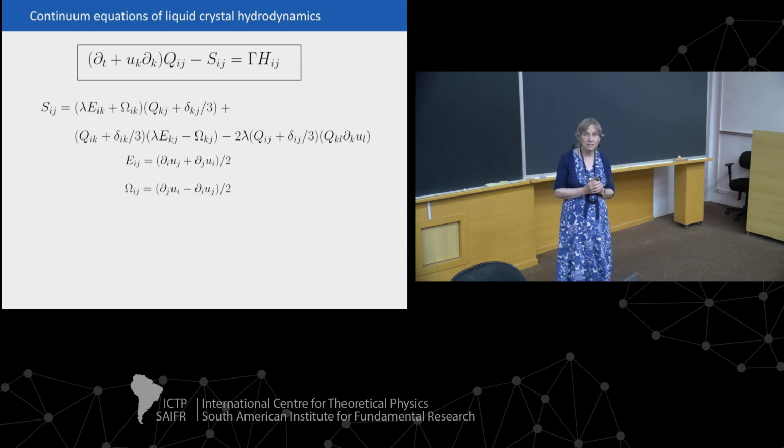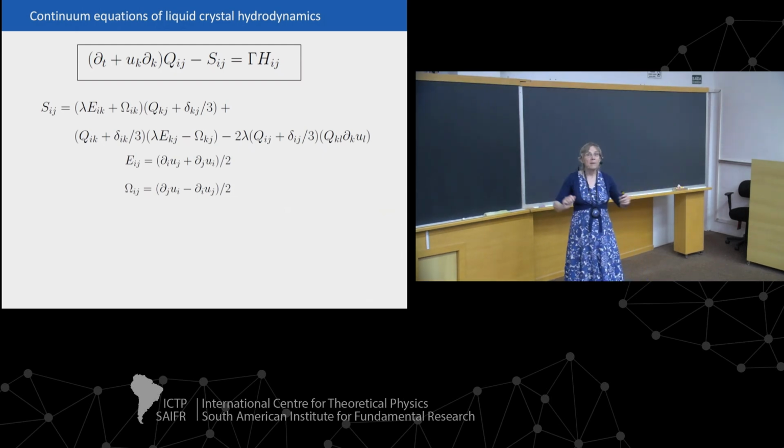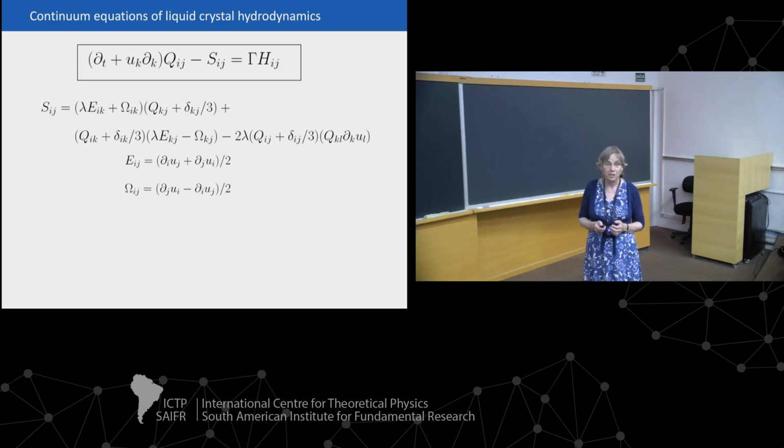And how can we describe the equilibrium state? The answer is by the minimum of the Landau-de Gennes free energy. So this thing will relax to the minimum of a Landau-de Gennes free energy. We have to make it do that. And we do that by putting in a molecular field here.